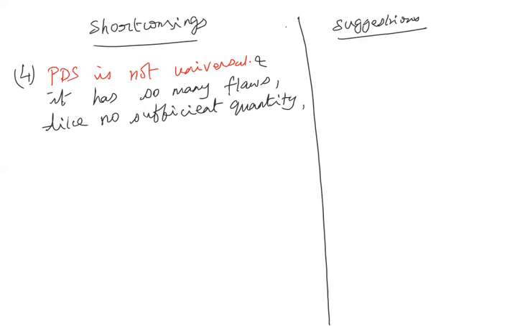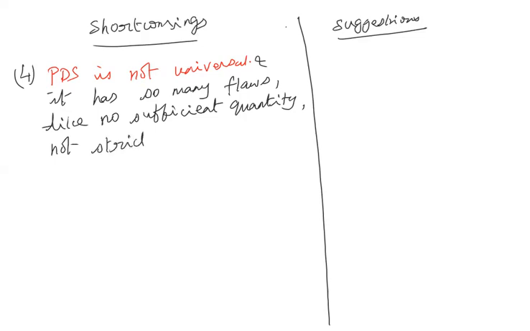But most of the time, the required quantity is not available in the majority of ration shops in the country. There is no sufficient stock in the ration shops, and it is also not strictly enforced.